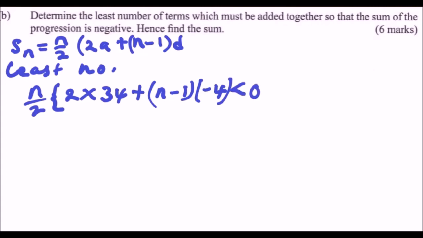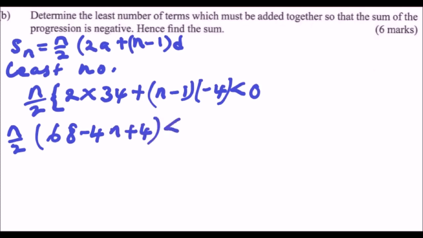So when you work this out, you get n over 2 into bracket 2 times 34, that is 68. When you open the bracket, this will be minus 4n plus 4. So we have 68, not plus but minus 4n plus 4, and we close the bracket.